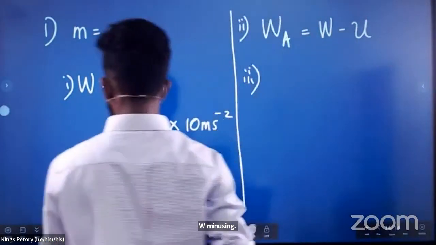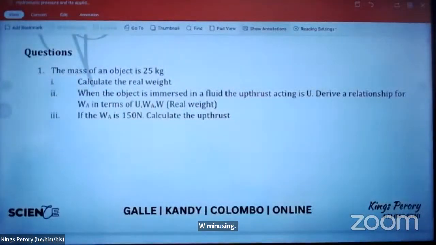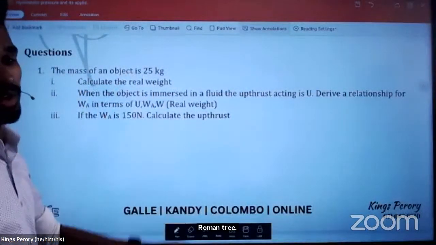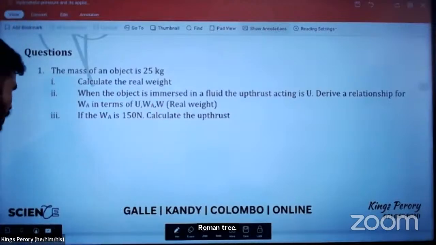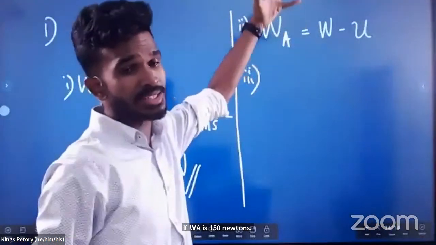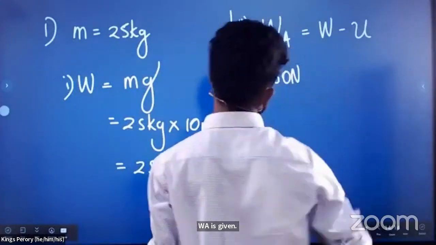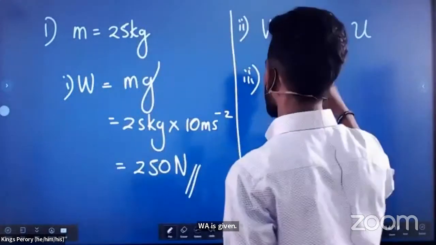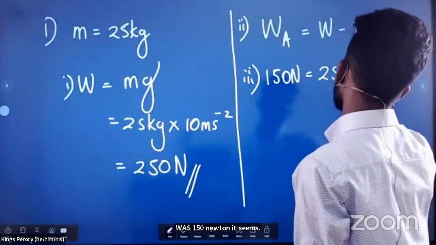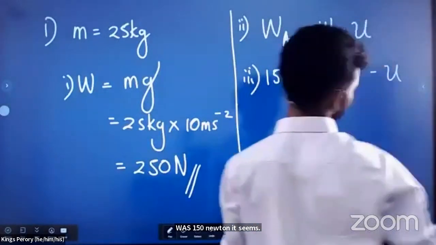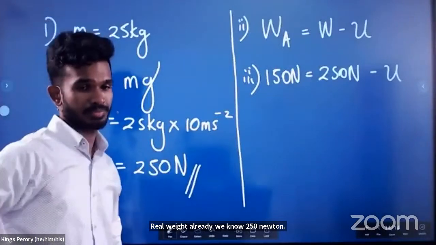Roman 3. If WA is 150 Newton, calculate the upthrust. WA is given, 150 Newton. Real weight we already know, 250 Newton. They are asking the upthrust. How much? 100 Newton.